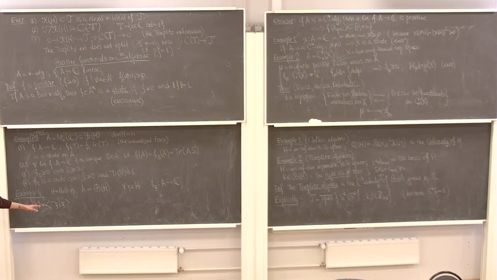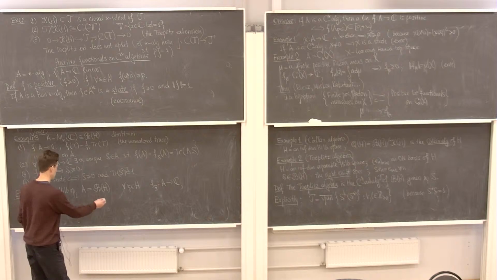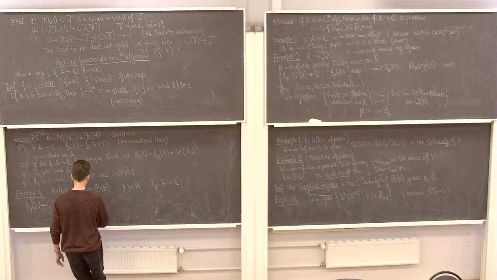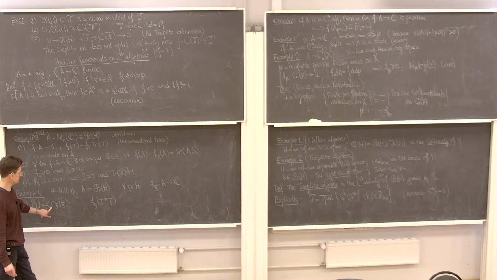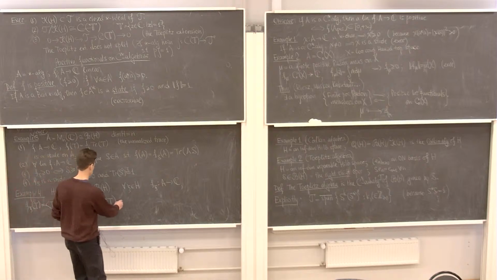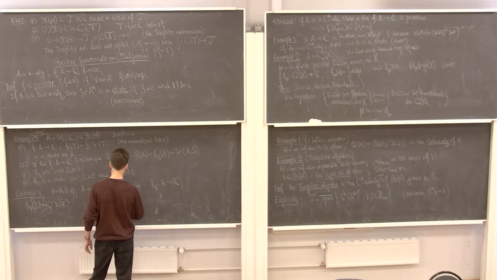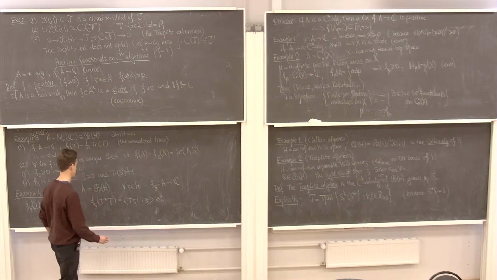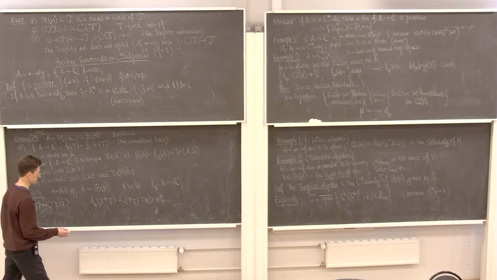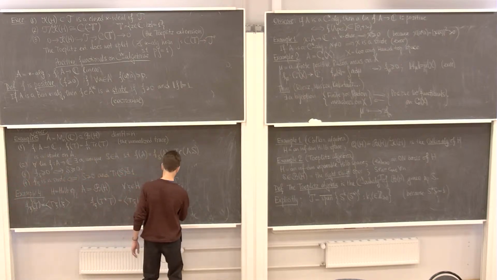Clearly, this is a linear functional, and it's easy to see that it is positive if we apply it to T star T. So we substitute T star T here. We move T star from here to here, and we get the inner product of T xi by itself, which is non-negative. So this implies that f xi is a positive functional.